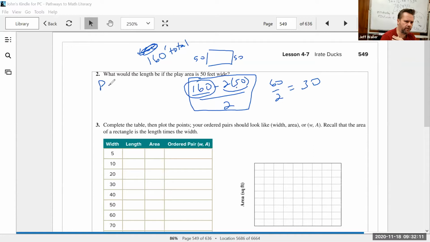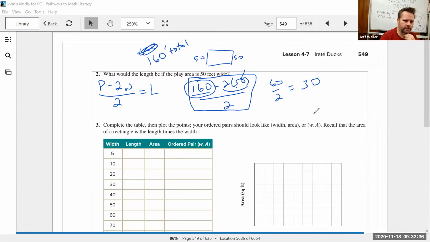So perimeter minus twice the width. I have no idea why I put those parentheses there. Let me get rid of them. They're bugging me. Perimeter minus 2W, divided by 2, would give me L. And of course, that makes complete sense.